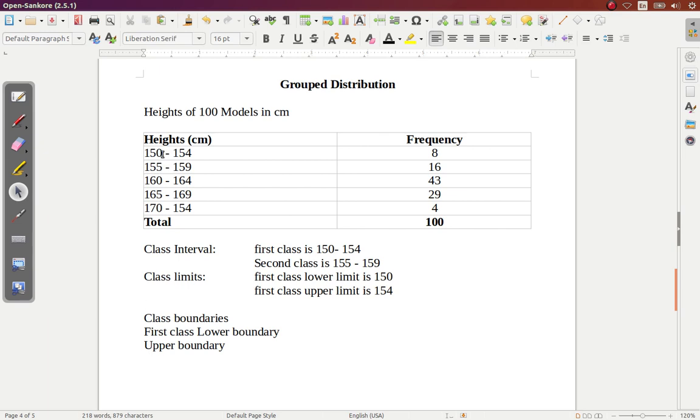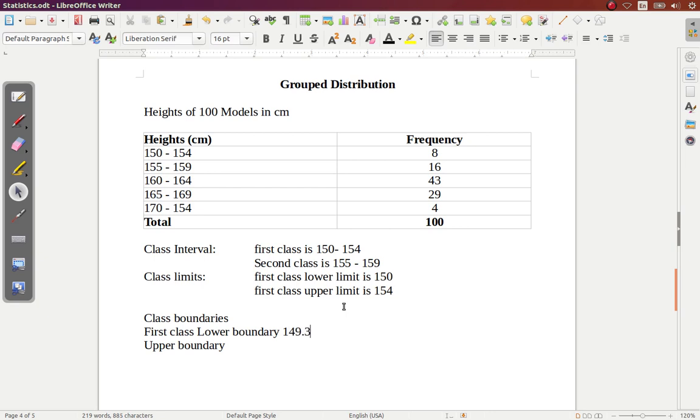The thing is this. If you were measuring these persons and you had a measurement of 154.3, would you include that measurement? Not 154.3. I'm looking at the first class, 149.3.